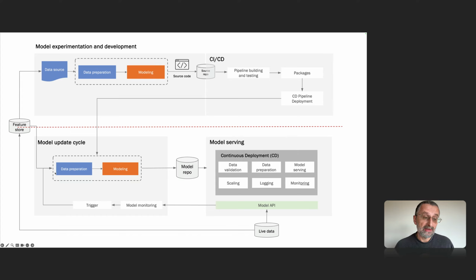It takes some data, for example, from external data sets or feature stores, trains the model, puts the model into the model repository, and then you have the model serving stage. This part is used for provisioning the model to the final customer, whether it's an internal customer like a business user, or the B2C sector, where the customer is just a customer.